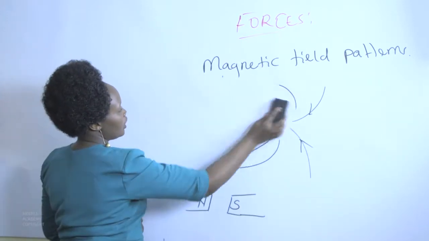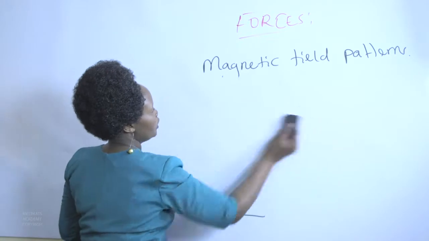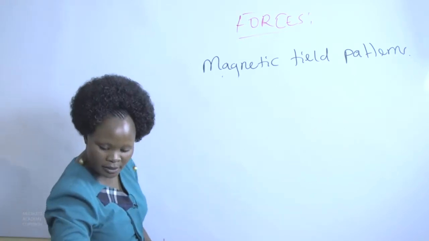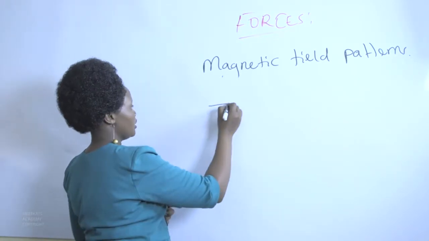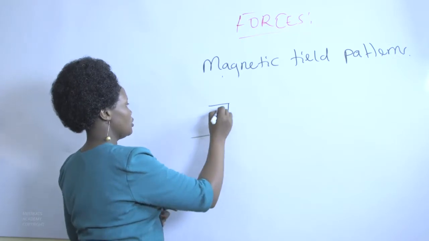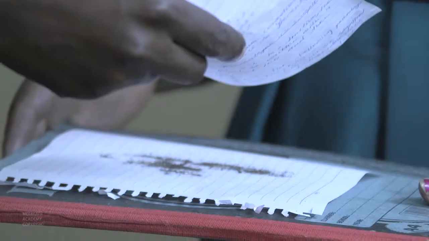Let's see what will happen to our iron filings and the pattern that is going to result from that.